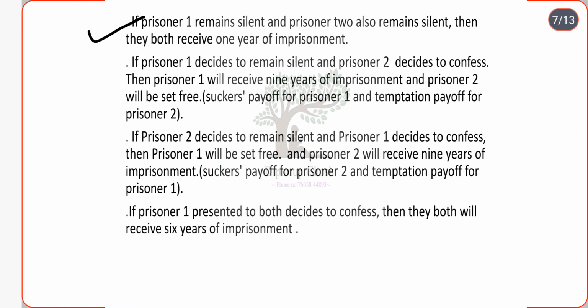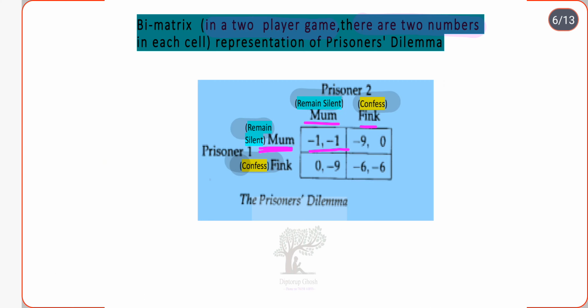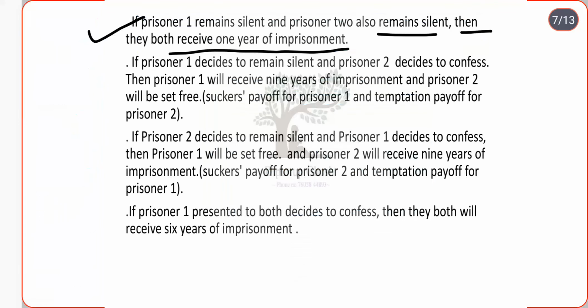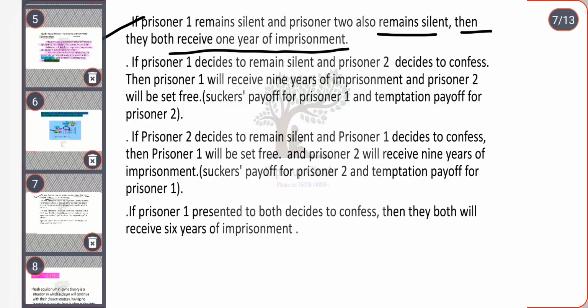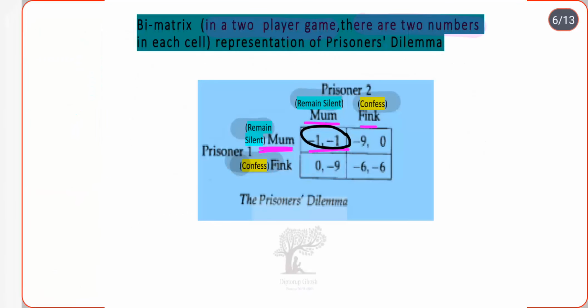If prisoner 1 remains silent and prisoner 2 also remains silent, then they both receive 1 year of imprisonment. That is what I told in the earlier section also. If prisoner 1 decides to remain silent and prisoner 2 decides to confess, that means prisoner 1 is taking the strategy of mum, and prisoner 2 is not remaining silent, he is confessing, that is, he is thinking.